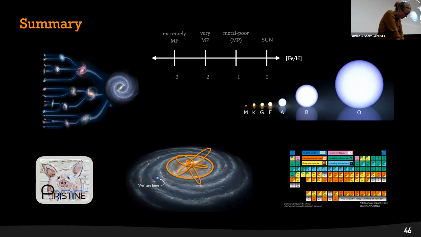The answer for a star to be old, it has to have been small. I thought it was hard to make a small star with low metallicity. Yeah, it's a good question. So it's hard to make a small star with no metallicity. If you have no metals at all, it's hard to make a small star.